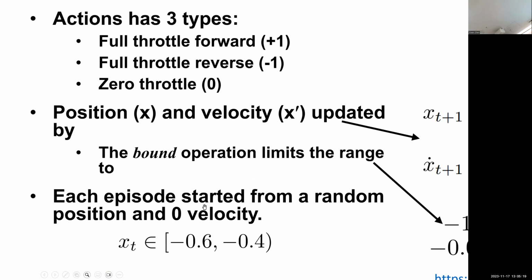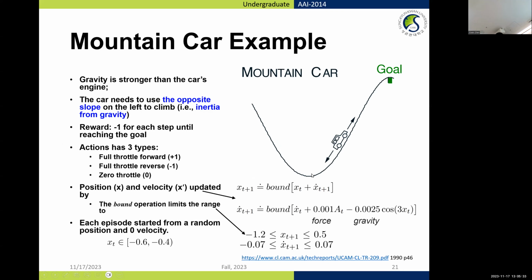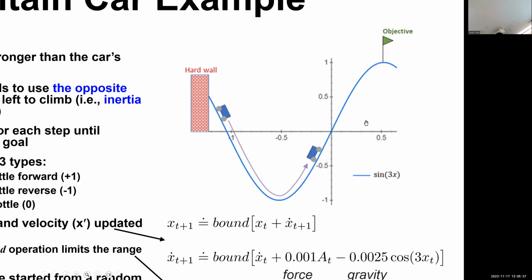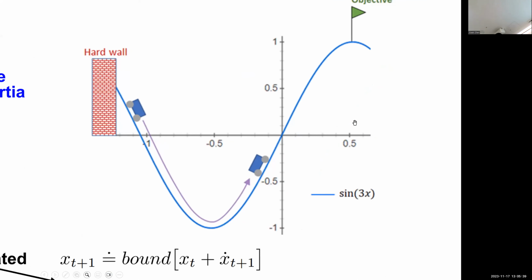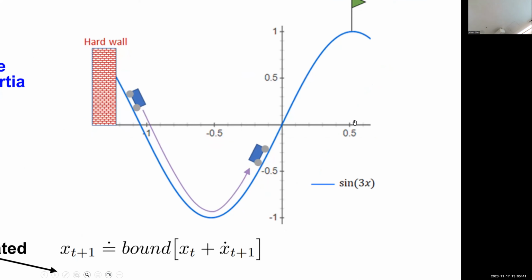Now, in each episode, the car will randomly start from a position between minus 0.6 and minus 0.4 with zero velocity. For better visualization, what is meant by the position? Position is the coordinate, the x-axis position.